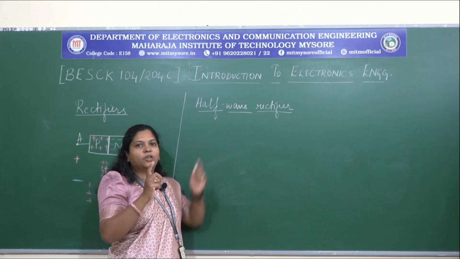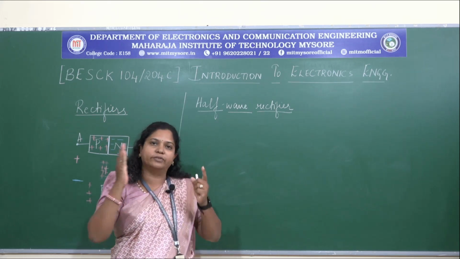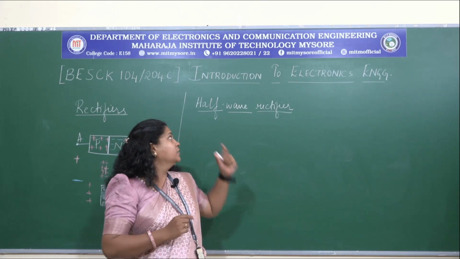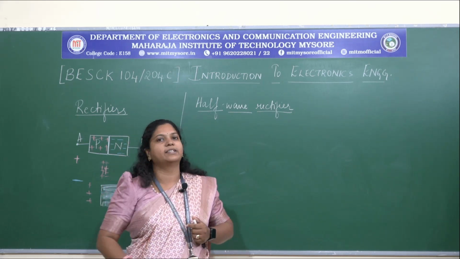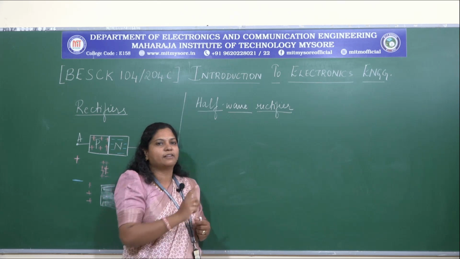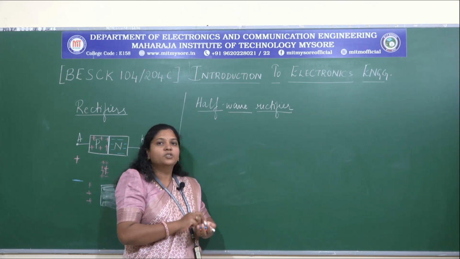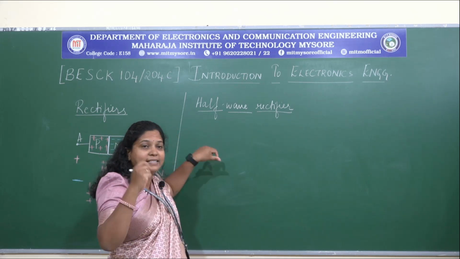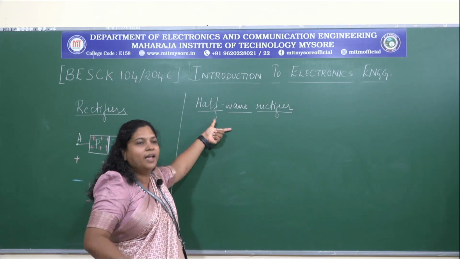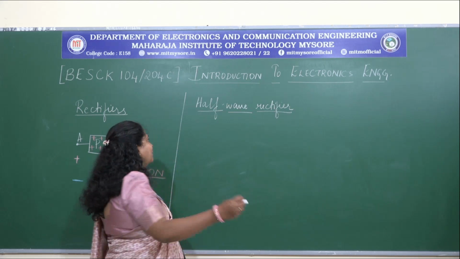In that we are going to make use of only one half of the sinusoidal signal, which is why we call it half wave. And whenever we are using one half of the cycle, only one diode is sufficient to turn it on. We have already understood the working of a diode. Now let us see how this diode plays its role in a half wave rectifier circuit.